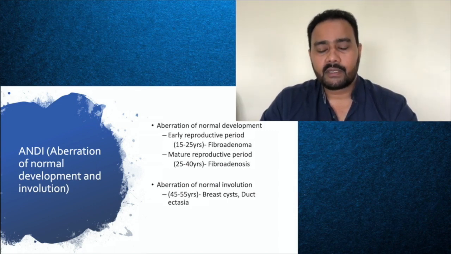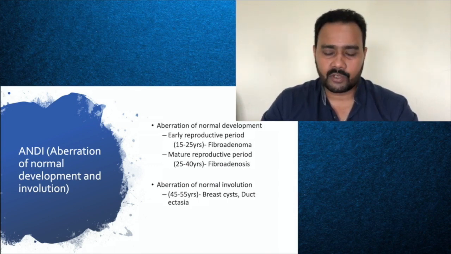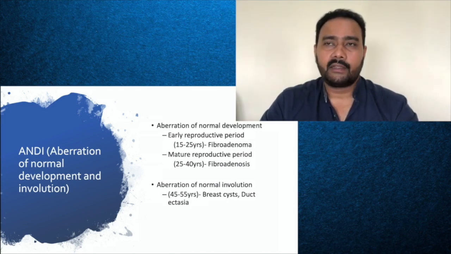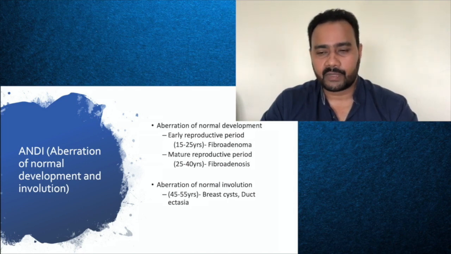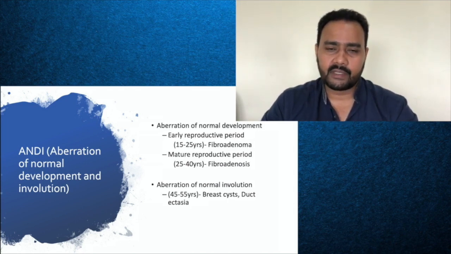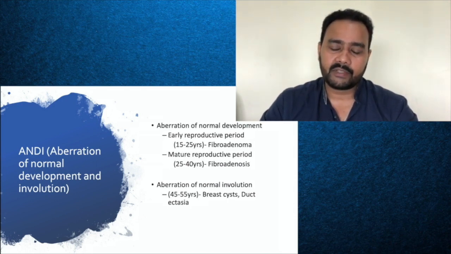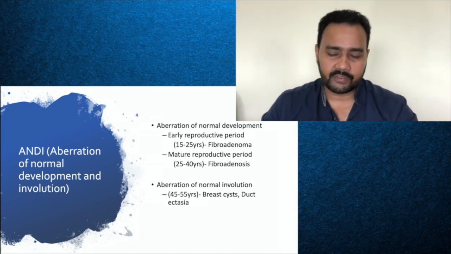When the breast starts to regress, we call it involution. So changes in involution we call aberration of normal involution. In that kind of period they develop breast cysts, right, breast cysts. So those are the changes people can develop whenever the breast develops. So what are the things we have to know?